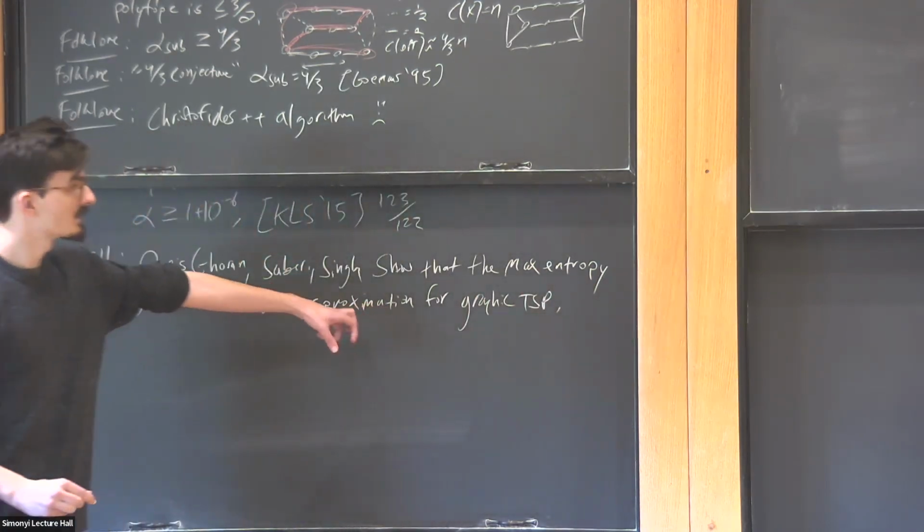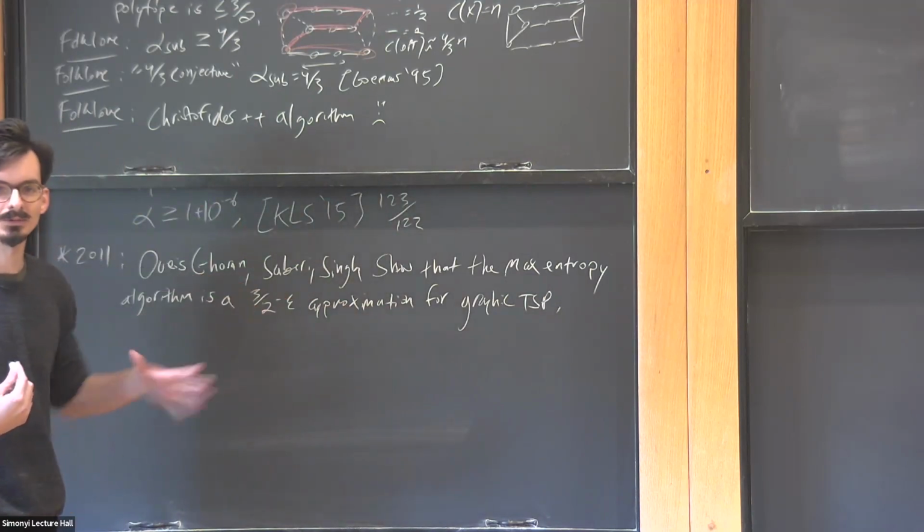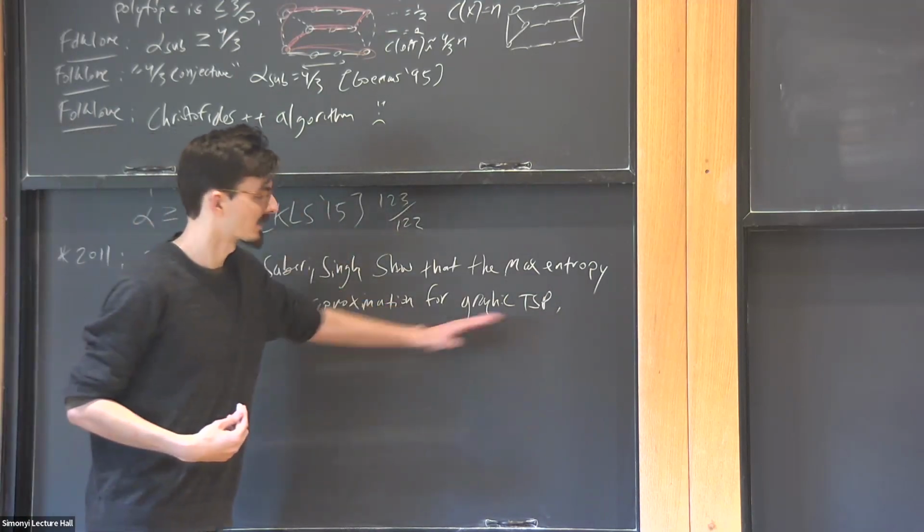And graphic TSP just means shortest path metrics. So all the examples I've been giving you are examples of graphic TSP.